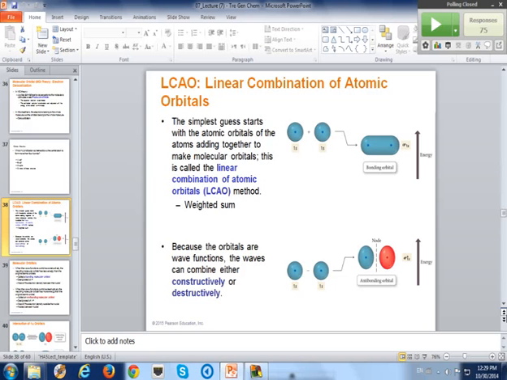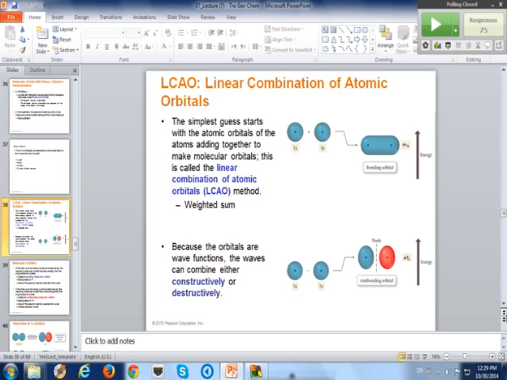It's a weighted summing of atomic orbitals of the different atoms in the molecule relative to the weighted average of the atomic orbitals of the central atom, right, as we did for hybridization, right?